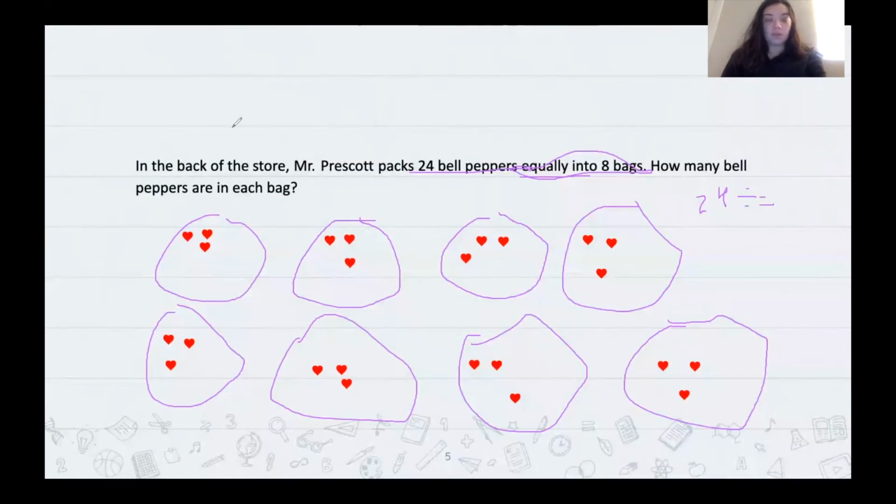That means we are going to put 3 bell peppers in each bag. When we have 3 in each bag, that's going to equal 24. So we had 24 bell peppers in total. We divided them into 8 equal groups. And so that means we're going to have 3 bell peppers in each bag.